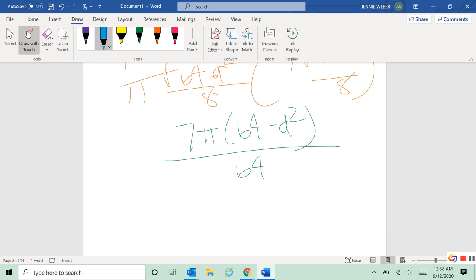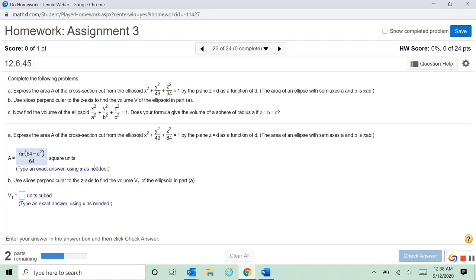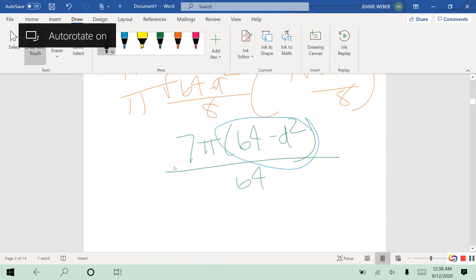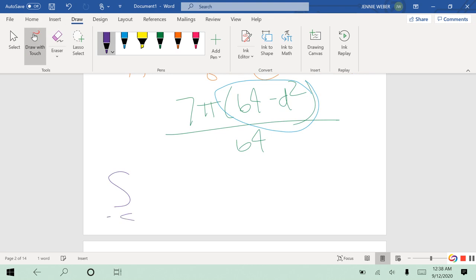So I need to take the integral, but when I integrate, because of here, I need this to be positive, so I'm going to go from -8 to 8. Now here's the thing. The trick here, I'm going to show you what I do, and then I'm going to show you that there is a different trick you can slightly do. So I'm going to do the integral from -8 to 8 of 7 pi over 64 times 64 minus d squared, and I'm doing it dz.